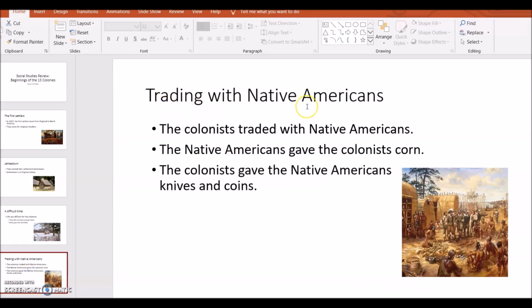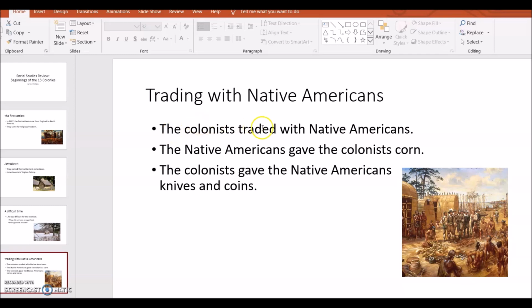Then the Native Americans were the first people ever there. We don't know how they got to North America, but they are the first and the original people who lived in North America. They traded with the colonists, like, we'll give you coins, you give us corn. So they gave them food, right?